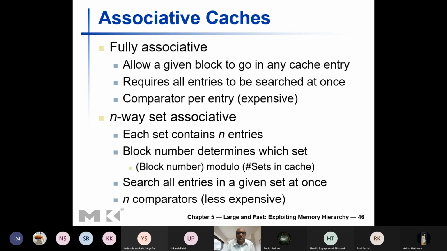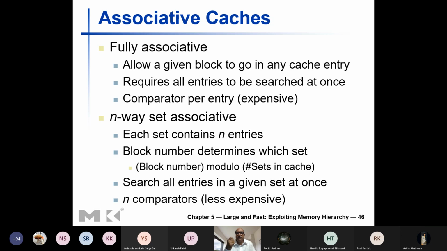With that, you have a certain advantage where replacements will be easier as long as cache entries are available. In a direct mapped cache, it's not that way. When a particular block has to be placed into the cache, you have to see whether that particular cache entry is free; if so, you can place it without any replacement.